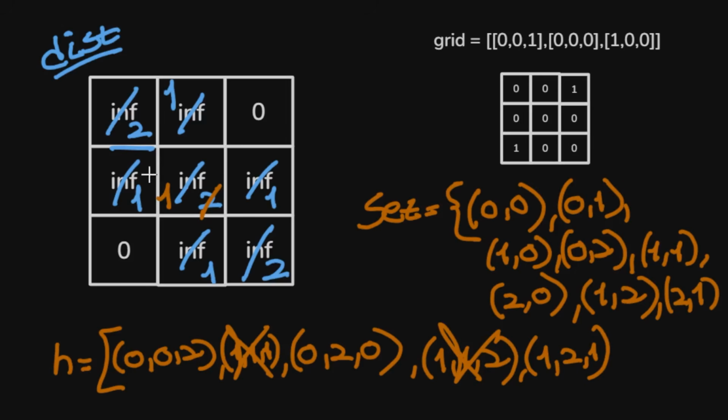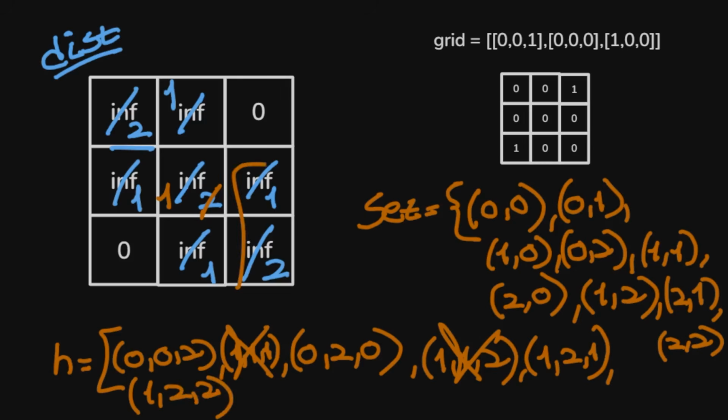We are standing at 1, 2, meaning here. We can't go right, we can't go up because we have the coordinates, we can't go left, and we can go down because we don't have 2, 2 here, so we add a tuple with the new cost, which is the minimum between these two values, meaning 1, and the coordinates 2, 2.